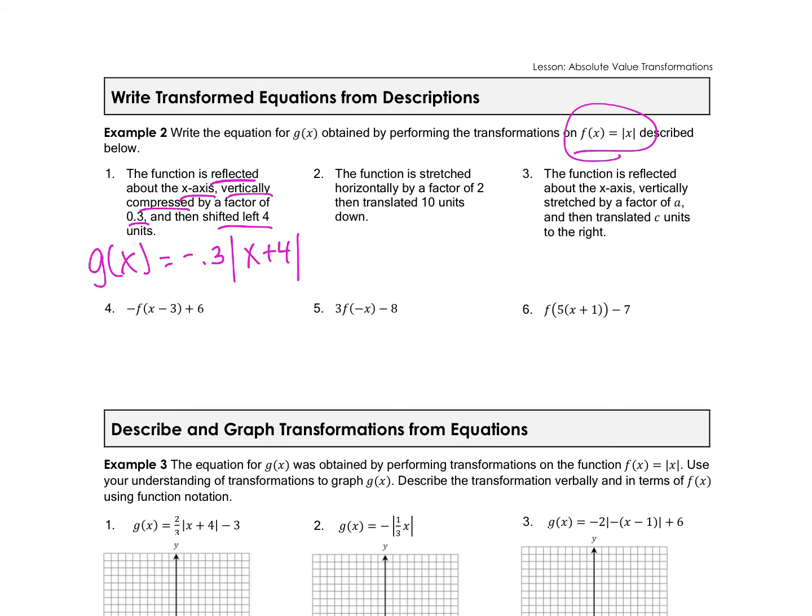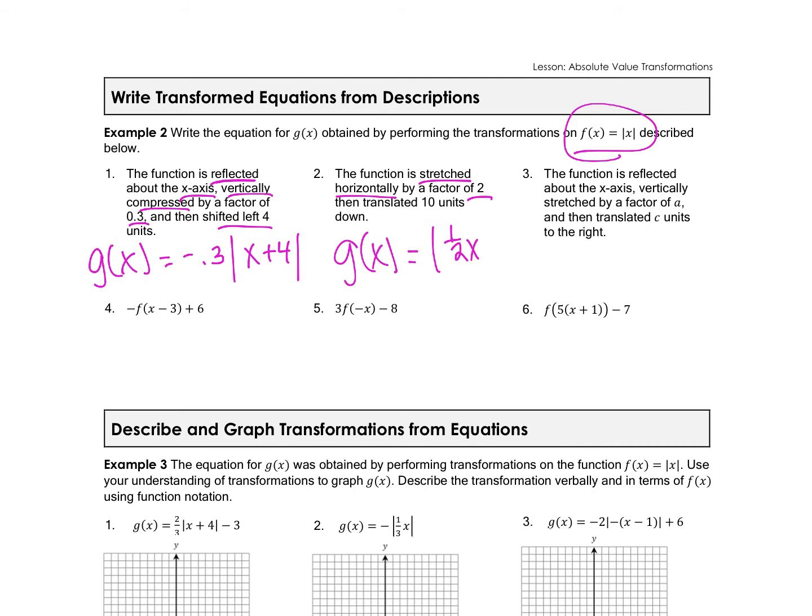So number 2, the function is stretched. So go ahead and write g of x equals horizontally by a factor of 2. And then translated 10 units down. Okay, so remember that stretching horizontally is the opposite. So that will go on the inside, and we'll multiply it by x.